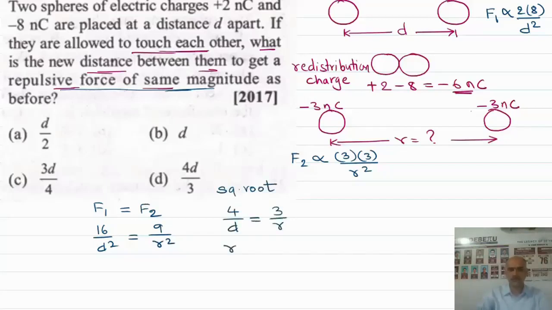Cross multiply, you will get r is equal to 3d by 4. So the new distance is 3d by 4. So option C is the answer.